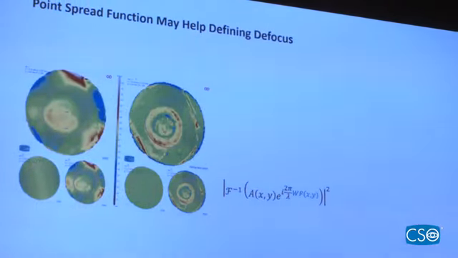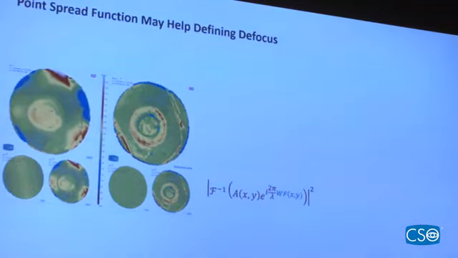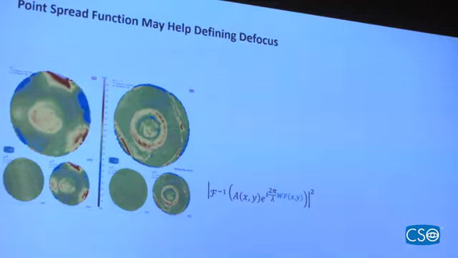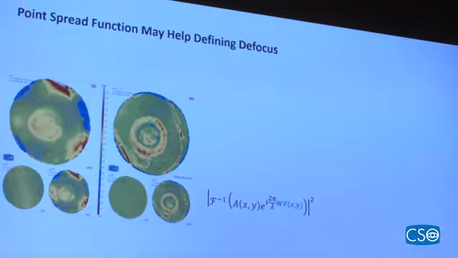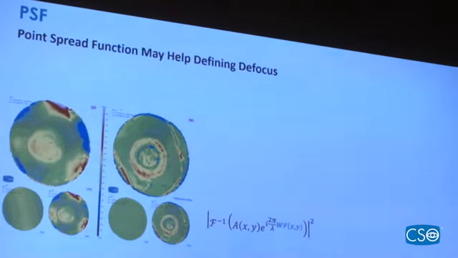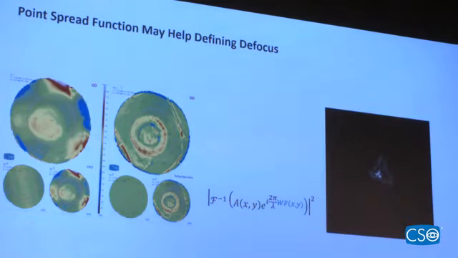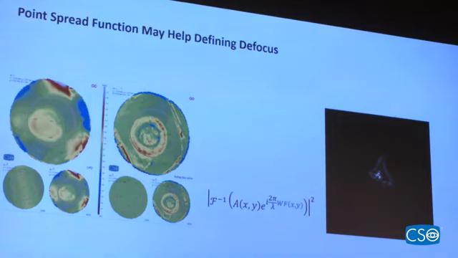So when we use a point spread function to define the defocus properties of an optical system, we unfortunately get less information just because the wavefront is not as accurate as dioptric power may be.